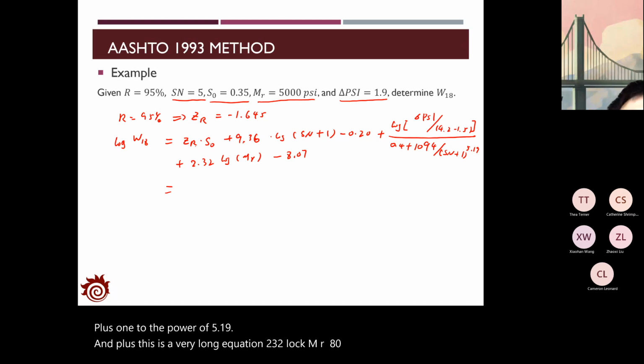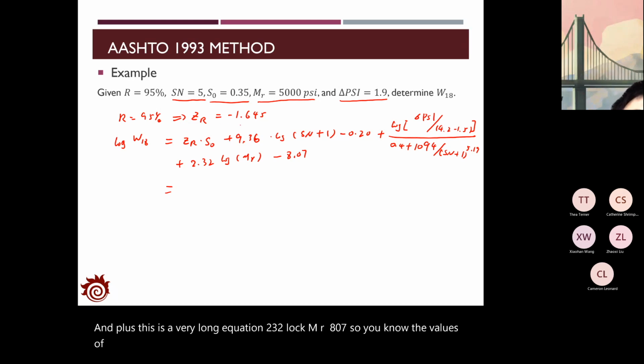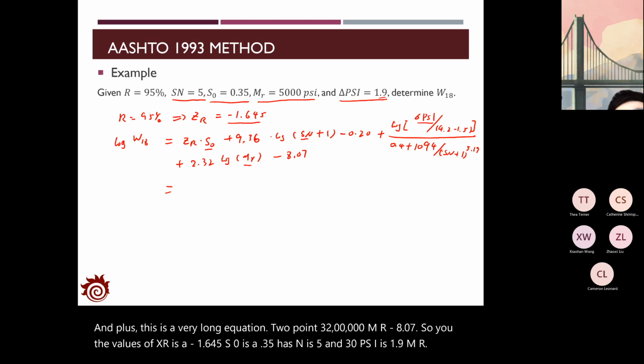So you know the values: ZR is minus 1.645, S0 is 0.35, SN is 5, delta PSI is 1.9, MR is 5,000.